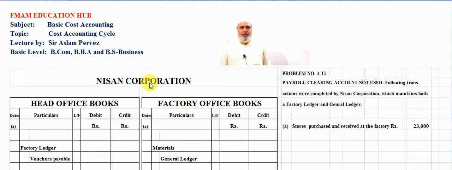Dear students, in this problem we will use two separate journals, head office books and factory office books, because the head office and factory office are located at different places.